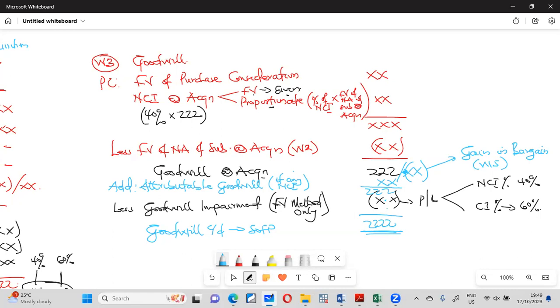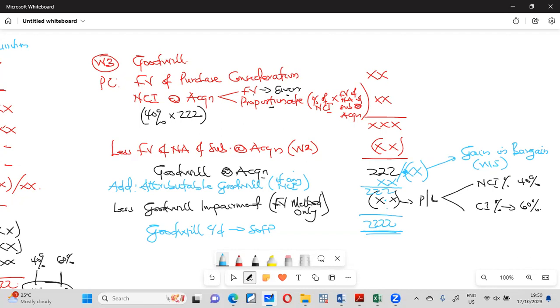Now, if you have any impairment that arose, we say that if the fair value method is used, we will be sharing the goodwill impairment.